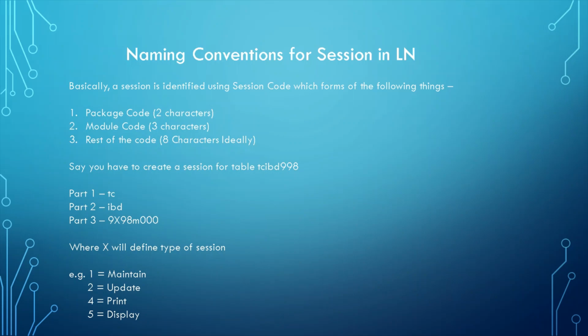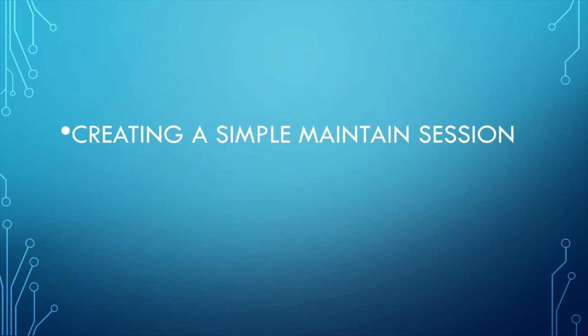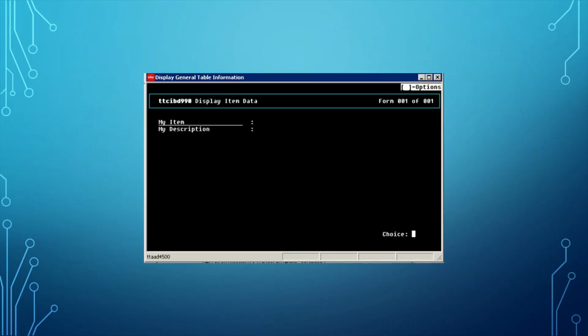Now, without wasting further time, let's go ahead and start with creating the simple maintain session for the table we created in the last video. If you remember, this was the table we created. The table was TCIBD998 and it had two fields: my item and my description.